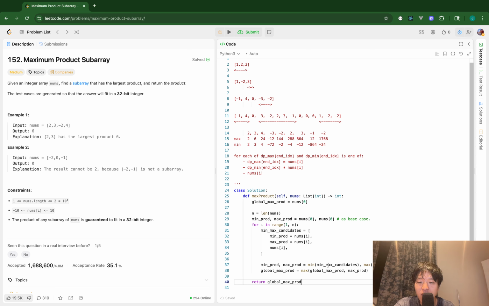And the number which comes immediately after 0, if it is positive, then min product should be, because this and this should be 0, the candidates should be 0, 0, and that number, say 3. So in that way, min should be 0 and max should be 3.